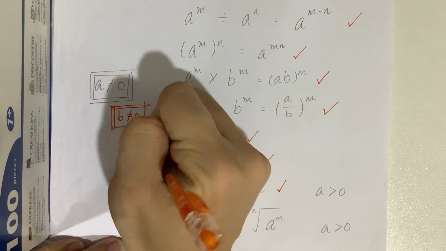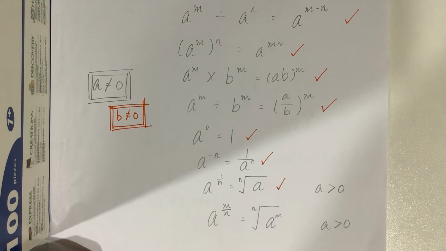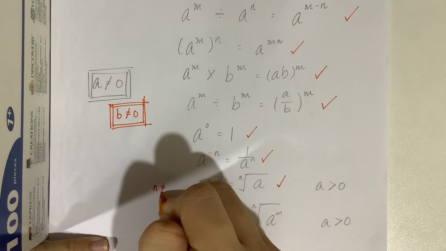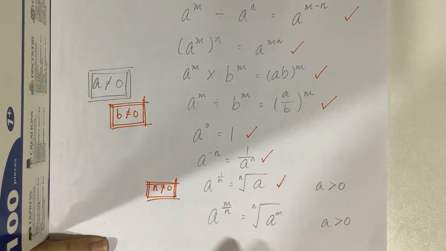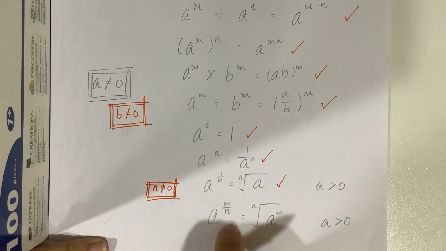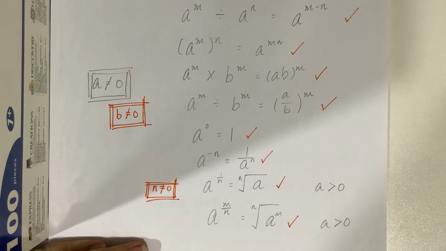That was missing in my previous videos. And over here, n will also not be equal to 0. So the final law is also covered.